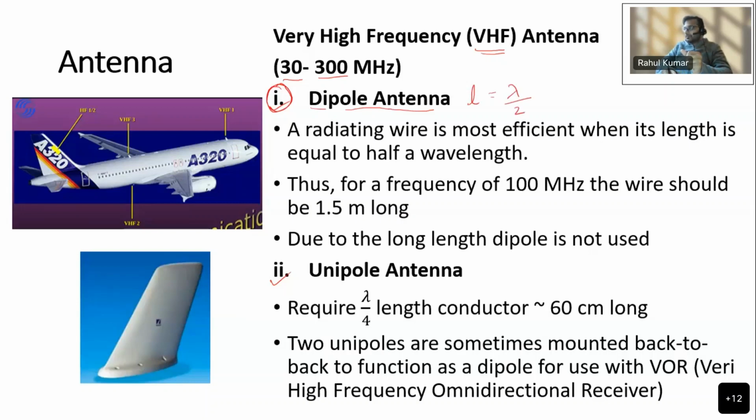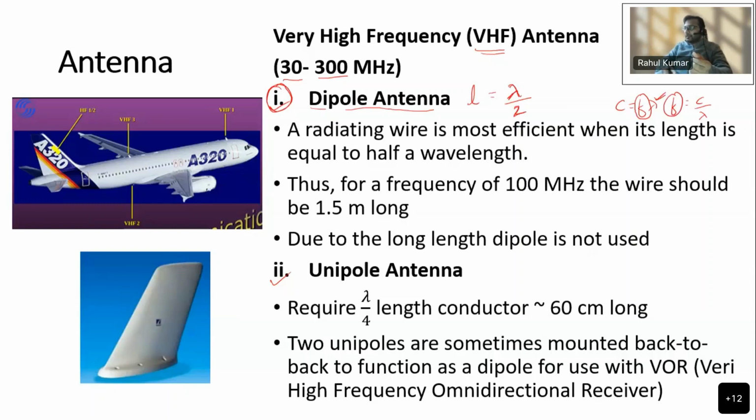So whichever wavelength you are trying to operate, from this relation C equals F lambda, you can calculate the frequency. So frequency will be C divided by lambda. Whichever frequency or wavelength you are trying to emit using this dipole antenna, the length of the dipole antenna should be half of it.